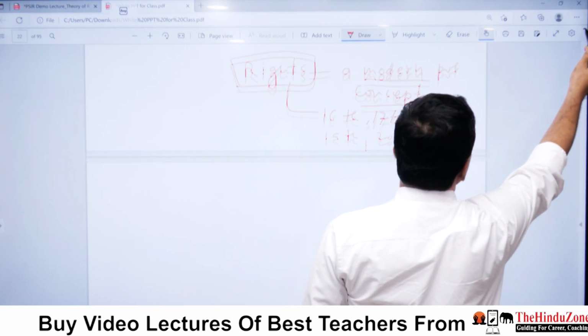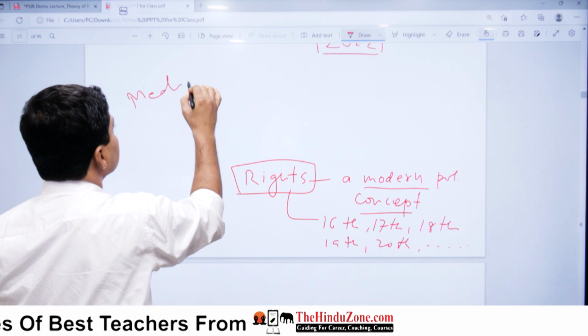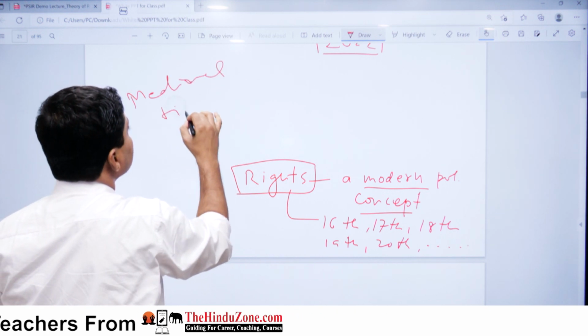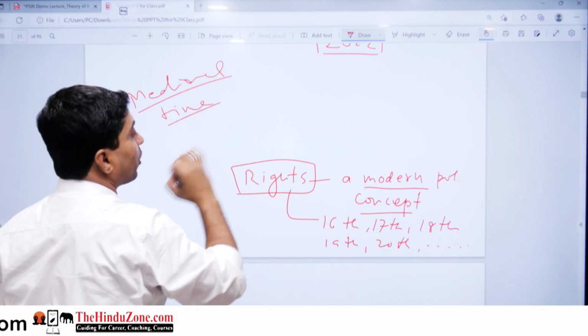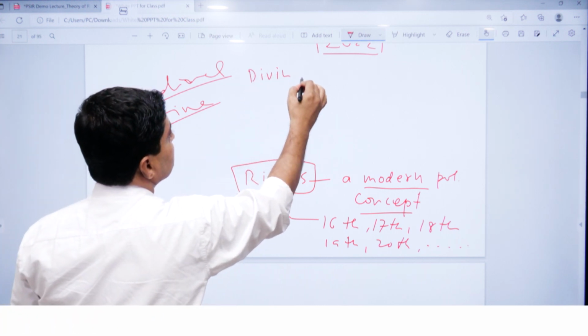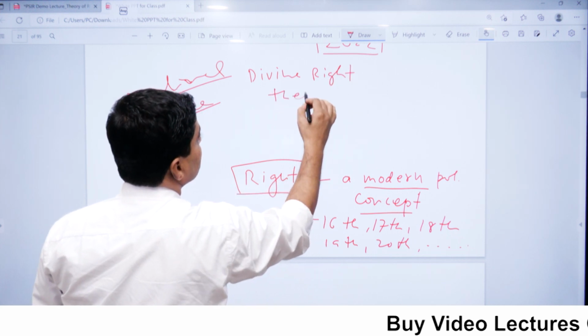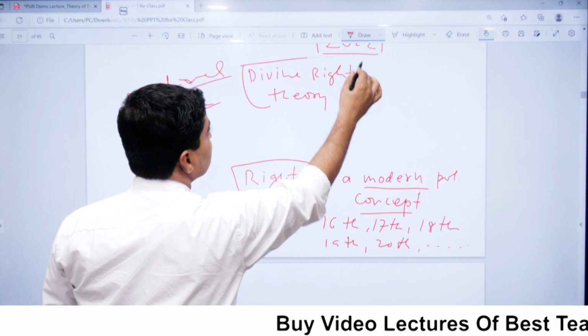If you look at medieval time, there was a concept called divine right theory. What is this theory?